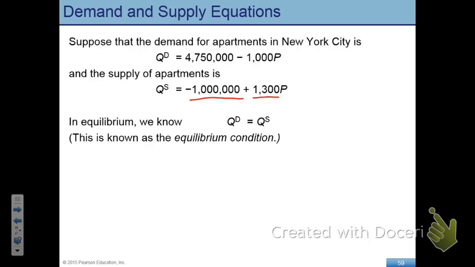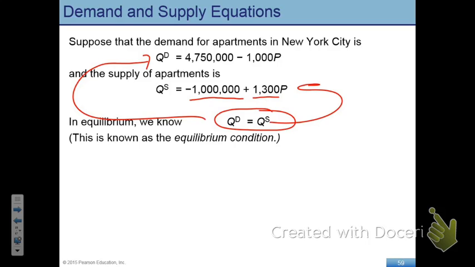In our graph, we have learned that equilibrium is found where demand is equal to supply, which means that at the point where the demand curve intersects the supply curve, we find a common quantity that the buyer is willing to buy and the seller is willing to sell, and that is what our equilibrium is. And we therefore can find market equilibrium by equating quantity demanded with quantity supplied, where we substitute the value of quantity demanded on the left side and the value of quantity supplied on the right hand side.